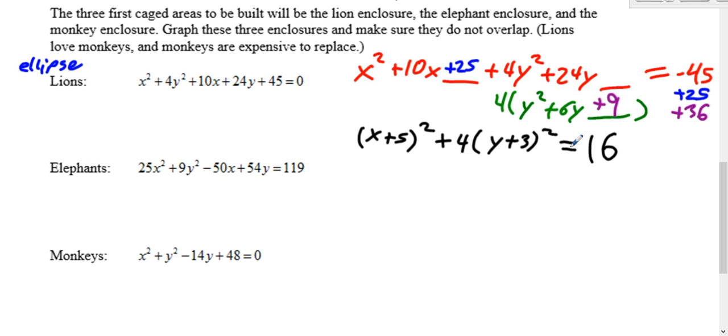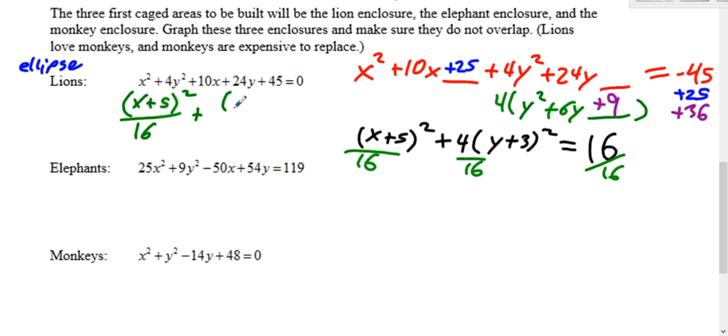Since it's an ellipse, it's supposed to be equals 1, so we need to divide by 16, divide by 16, and divide by 16. Standard form is (x plus 5) squared over 16. The 4 over 16 reduces to 1/4, so this is (y plus 3) squared over 4 when you reduce, equals 1. There's standard form, now we can graph it.